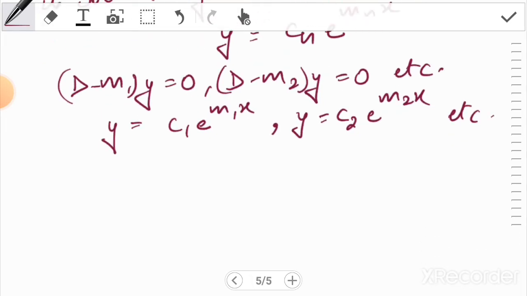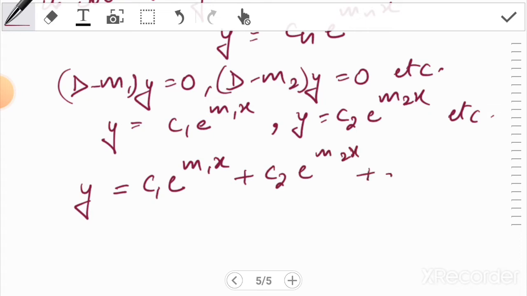So the complete solution will be given by y is equal to c1 e raised to the power m1x plus c2 e raised to the power m2x plus cn e raised to the power mnx, right? So this is the complete solution.